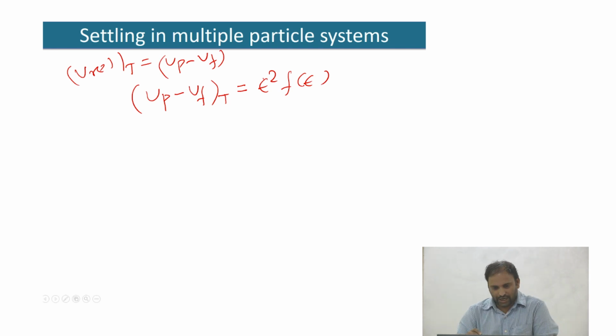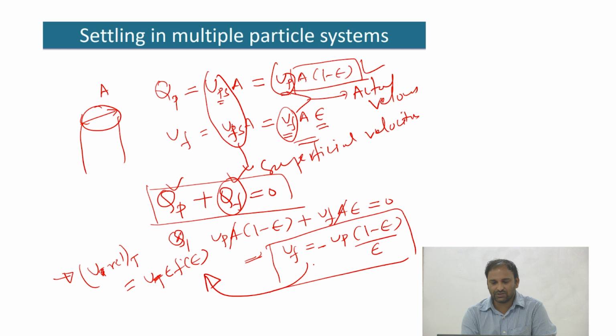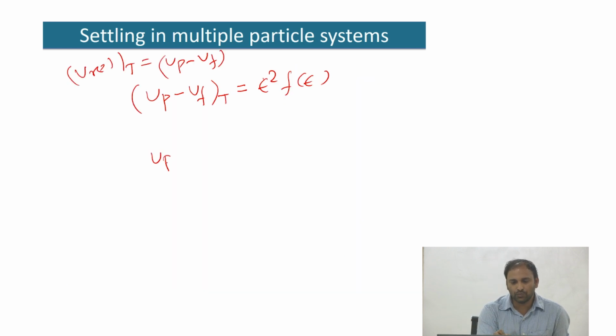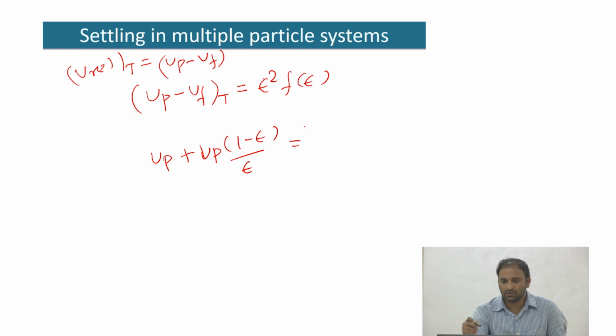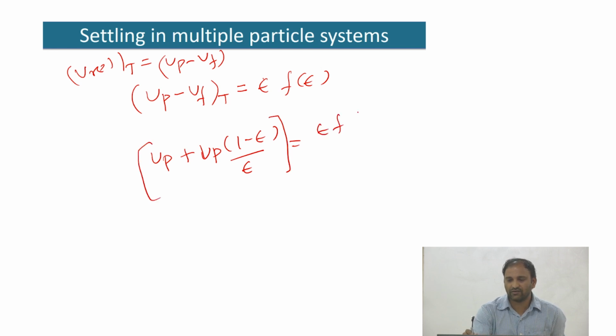Now if you go back to this expression, I can substitute for UF in terms of UP. So this is UP plus UP into 1 minus epsilon divided by epsilon, which equals, I'm sorry about that, that is not correct, it's just epsilon, that should be equal to epsilon into f of epsilon.